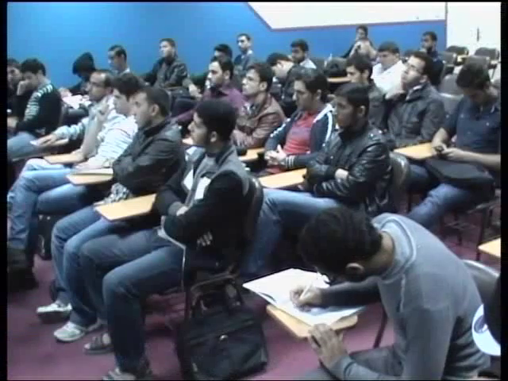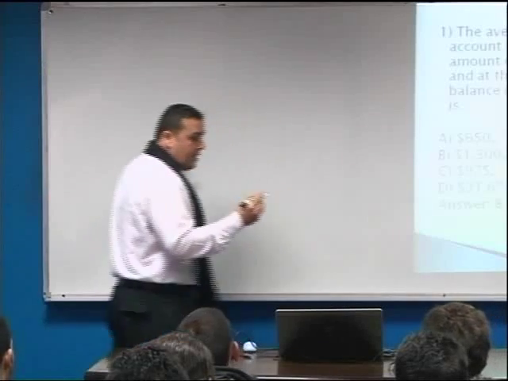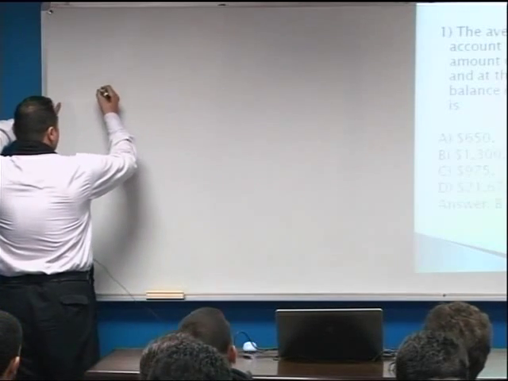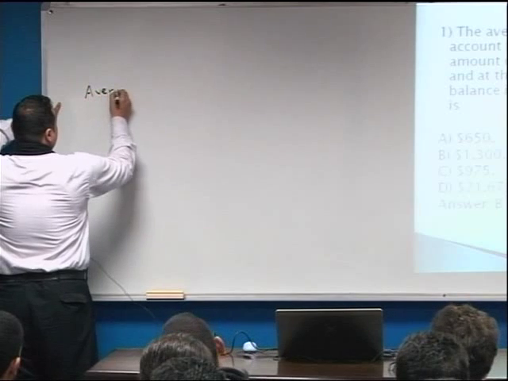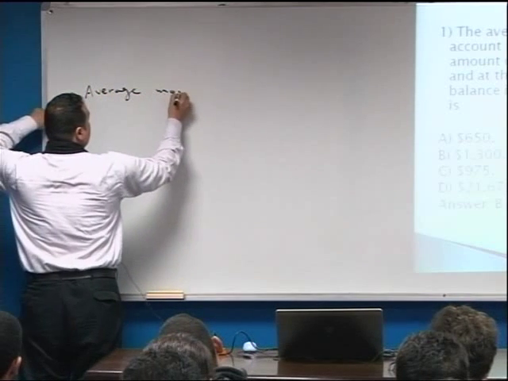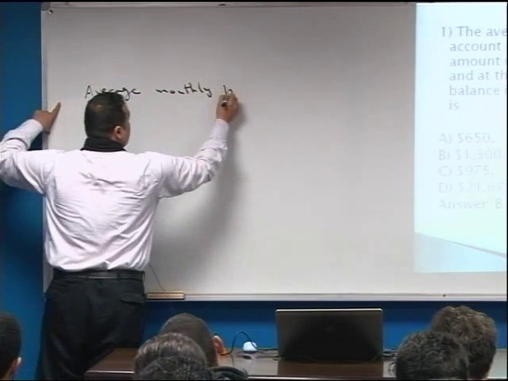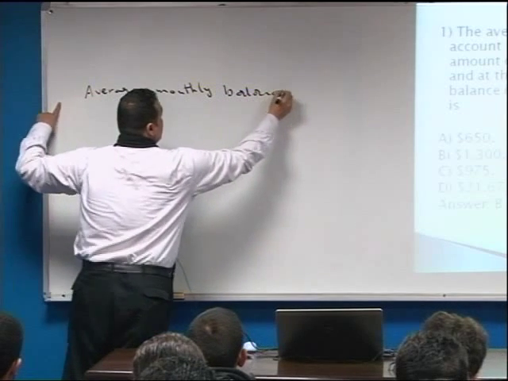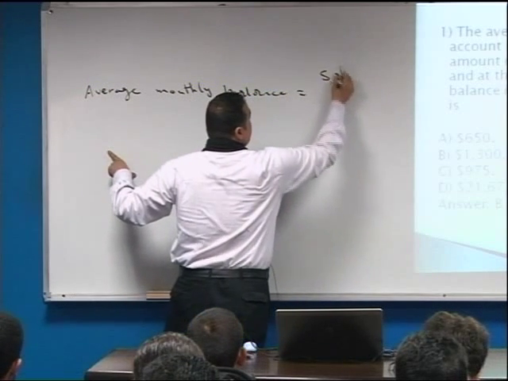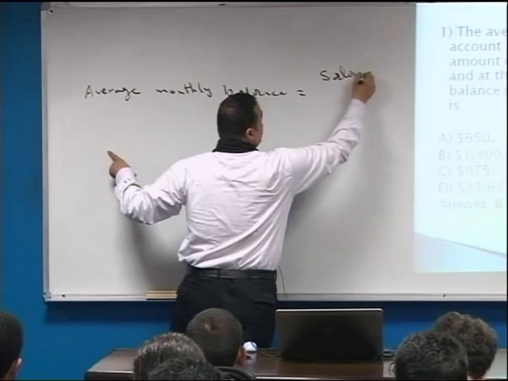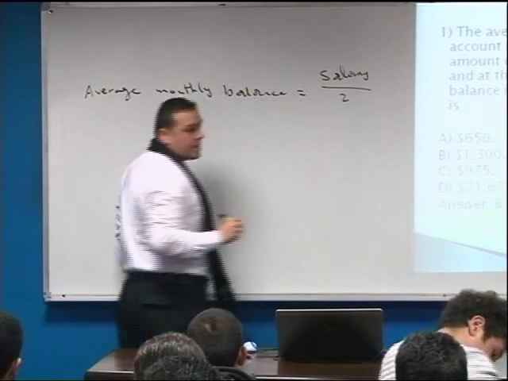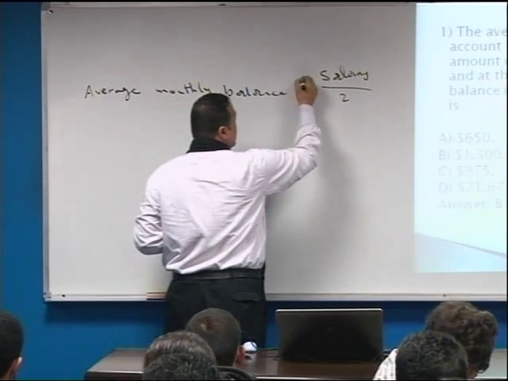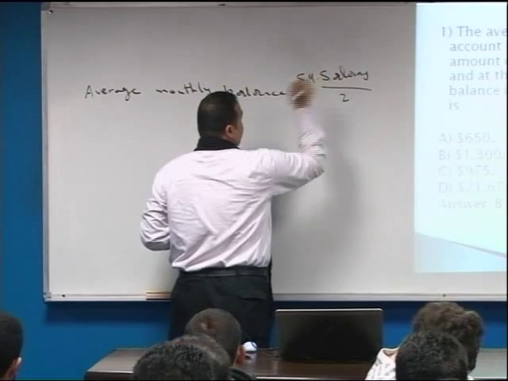Exactly. So the formula for the average monthly balance equals the monthly salary over 2, right? This is the starting monthly salary.